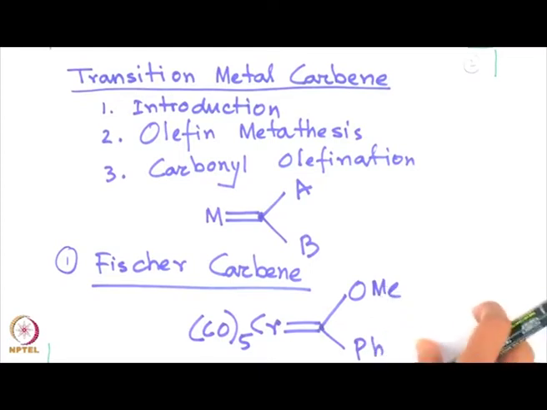Now, let us look at each of these features quite carefully. The chromium center, as you have seen, is associated with carbon monoxide. These are going to be your pi acceptor type of ligand. On the other hand, the carbon center is electrophilic in nature as you see in the chromium complex.